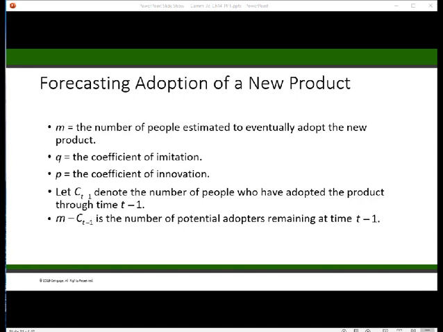And for any time period, he has some variables that denote the number of people who have adopted the product cumulatively through that period T1. And then M, the number of people estimated to eventually adopt, is the number of potential adopters remaining at time T1.